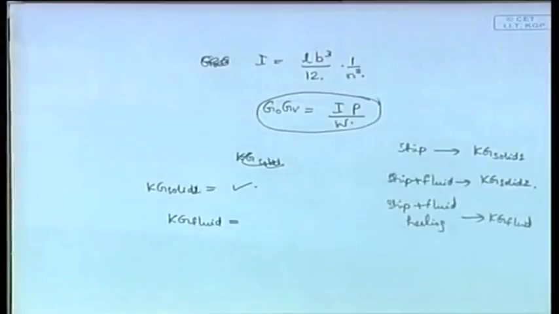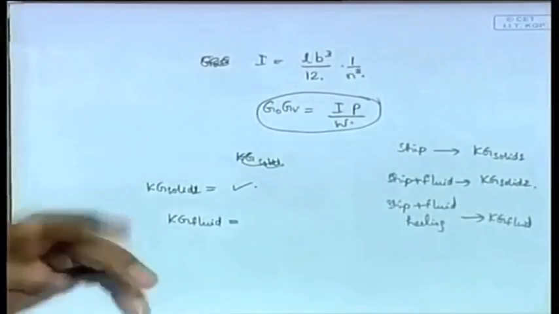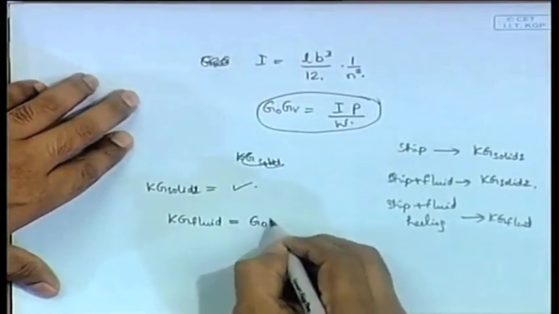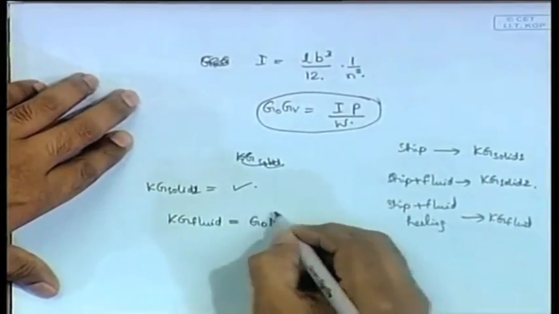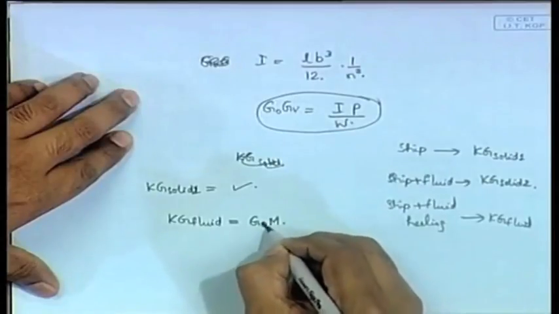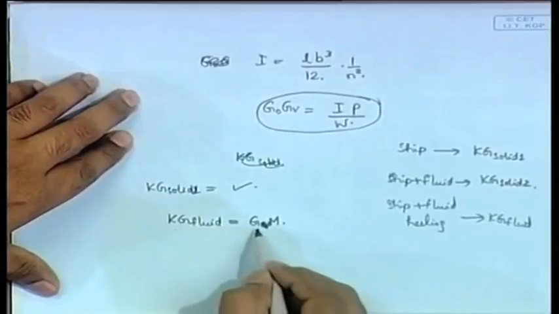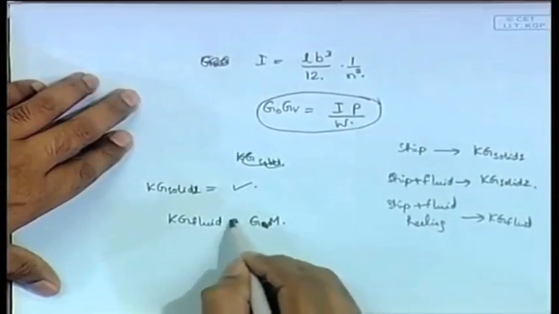Instead of the old G0, we replace it with GV. So instead of G0M, which was the initial one, it is actually GVM. From this, the KG you get is the KG fluid, which is not equal to KGM.